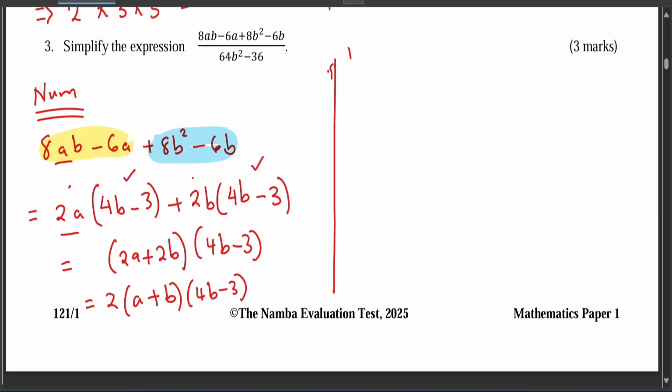Now let's go to the denominator. So you have 64b squared minus 36. First, the common factor here is, I think, if it's not 9, it's 8. So the common factor is 8 only, not b, because b is just found in b squared.